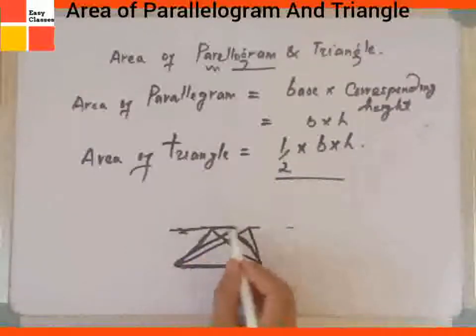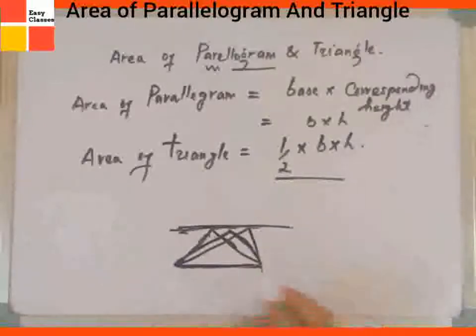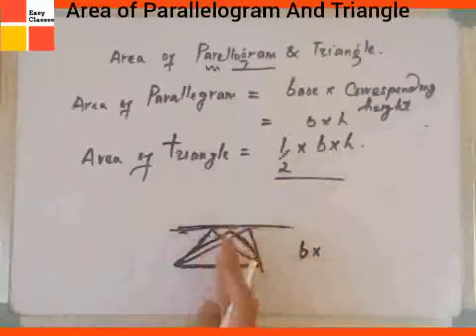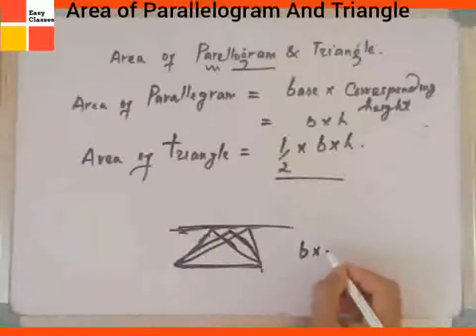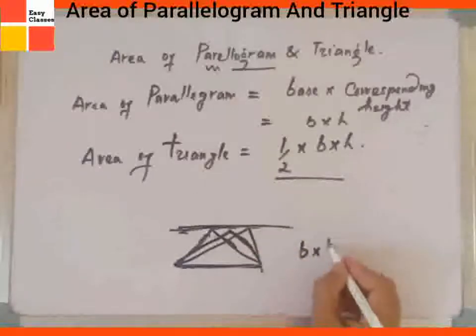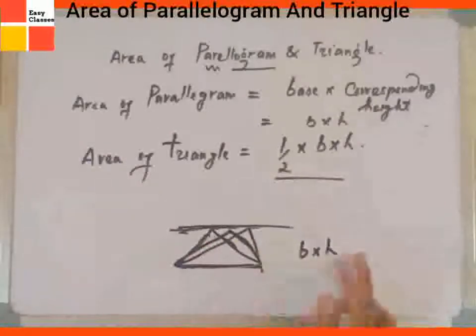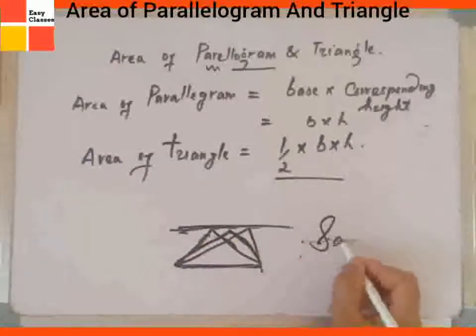You can see here, all these 3 triangles have the same height, and their base is the same, say, for example, B, and their height is also the same, right? So all these triangles will have the area B into H. So all these triangles have the same area, equal area, right?